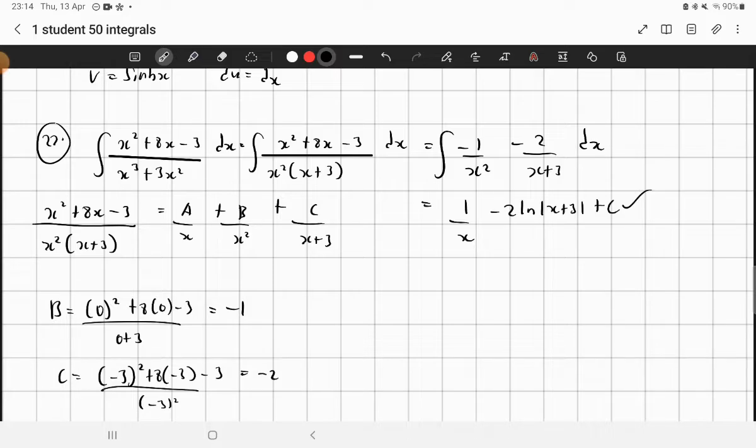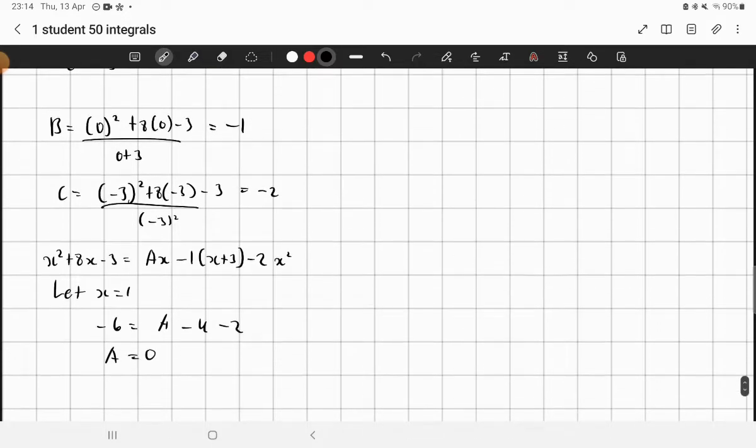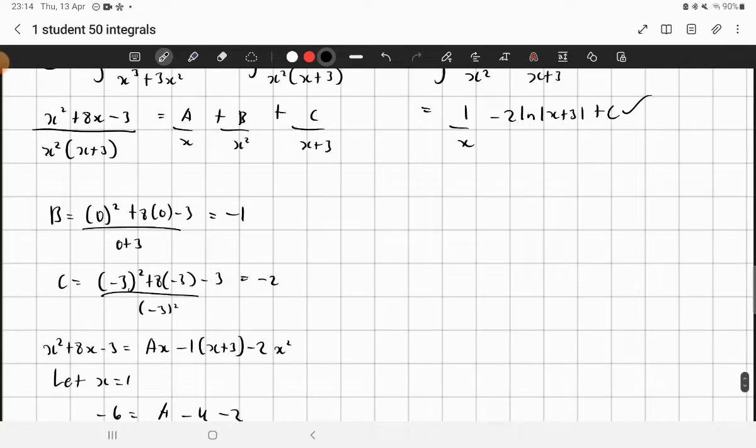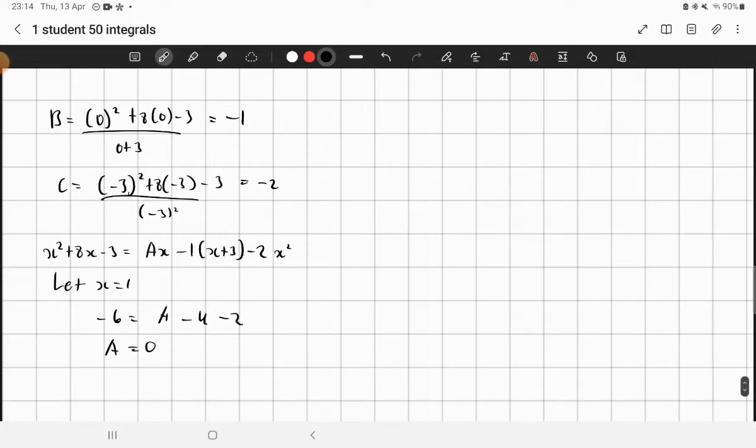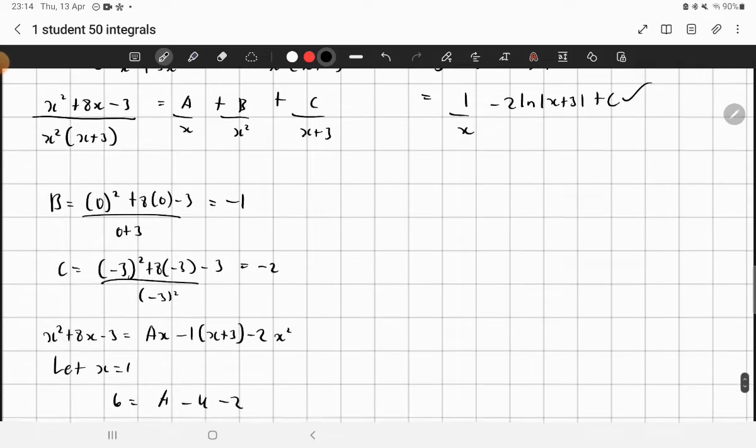Wait, did I make a mistake here? -2. I believe I made a mistake for a, because -4. Oh wait, what? Okay, it should be this. Oh, okay, so 12. My apologies.